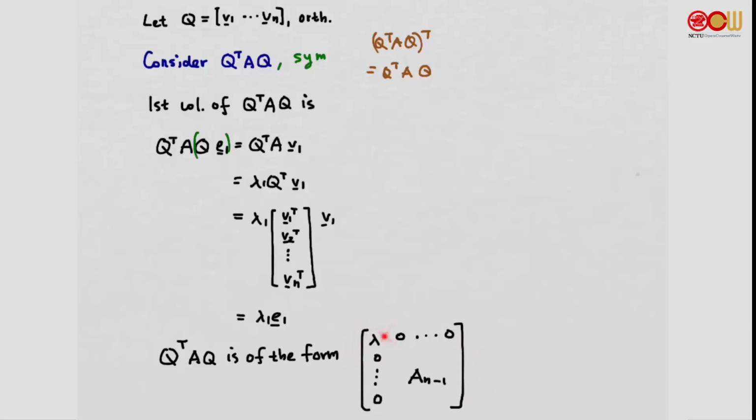It's lambda, 0, 0, 0 on this side, and here we get a smaller symmetric matrix. And we are one step closer to diagonalization because you see the first column vector, first row vector here is the form that we would like to have in a diagonal matrix.